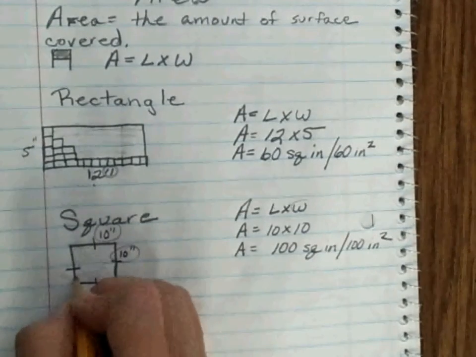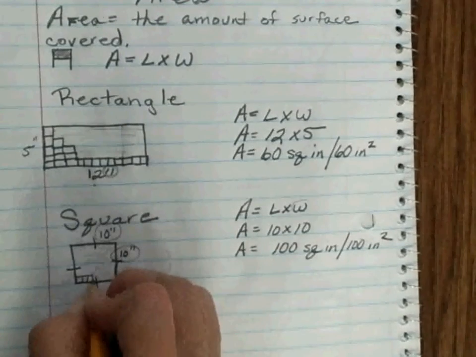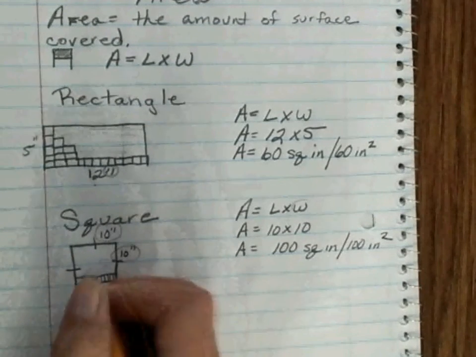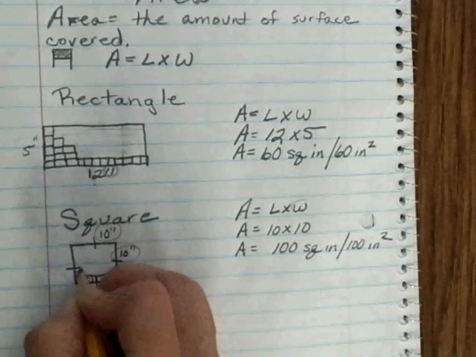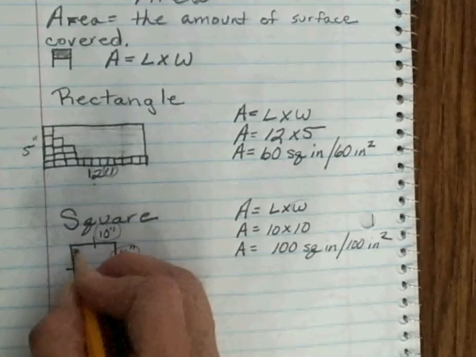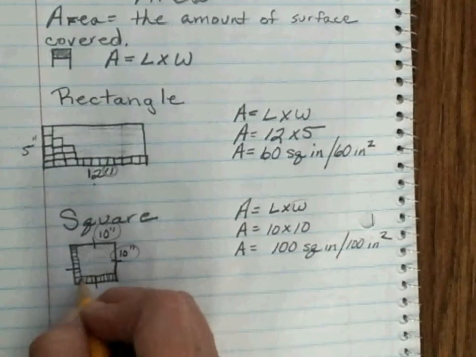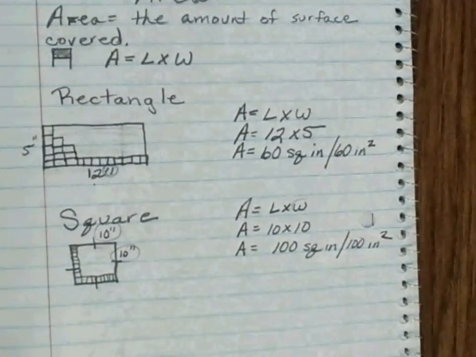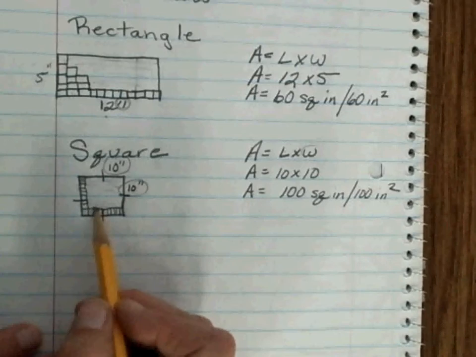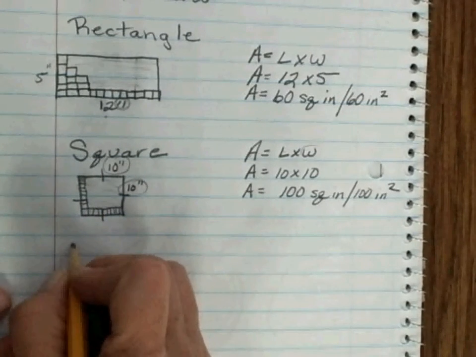Okay, so now remember, it's square units, so I'm going to go 1, 2, 3, 4, 5, 6, 7, 8, 9, 10, and then I would have 10 this way. 1, 2, 3, 4, 5, 6, 7, 8, 9, 10. Okay? That means I could fit 100 of these little square units inside here. Okay? On this flat surface. Okay? So now I want you to solve this problem here.